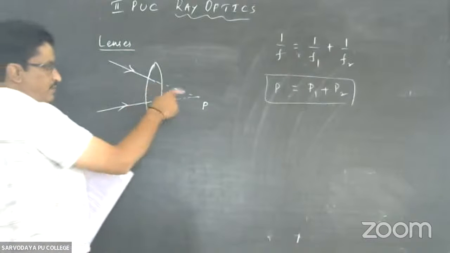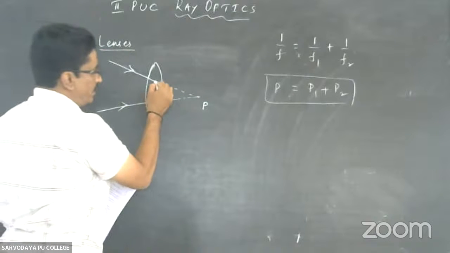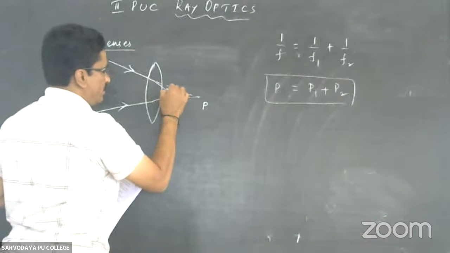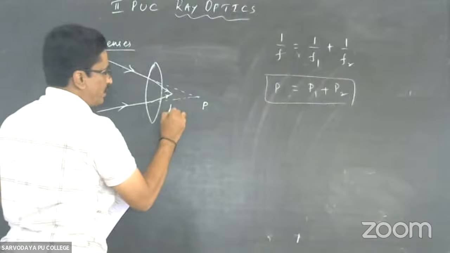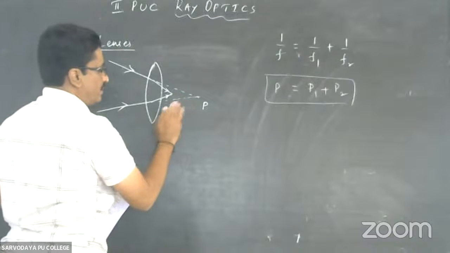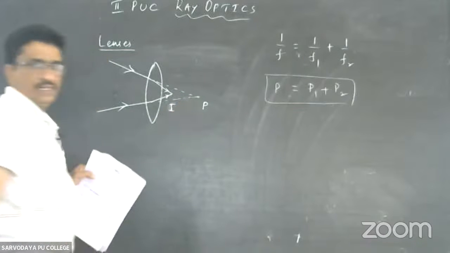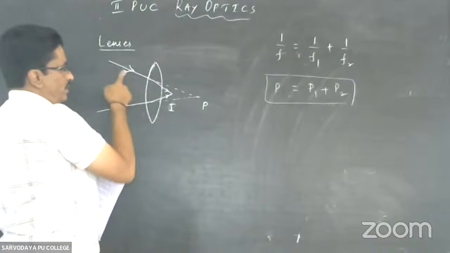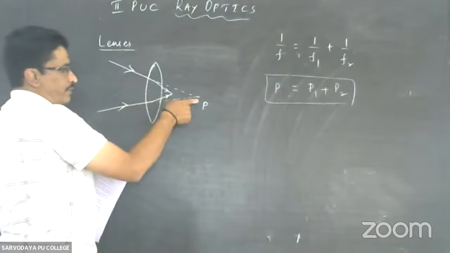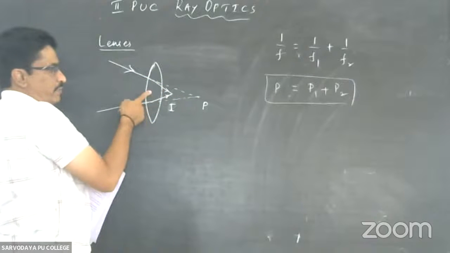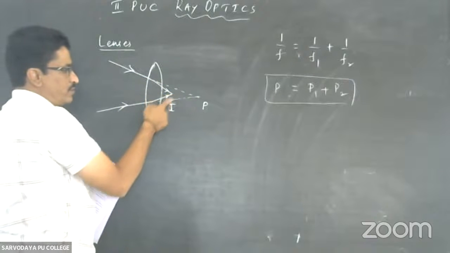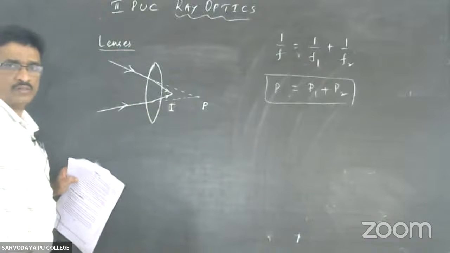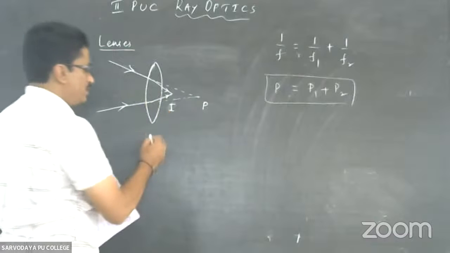Already the rays are converged, therefore this one bends the rays further, and therefore the rays will converge to a point, let us consider it as P dash, or let us consider it as I. This is the position where these rays would converge in the absence of the lens. But the lens is making the rays converge at this point because it is a convergent lens. This is what you have to consider.